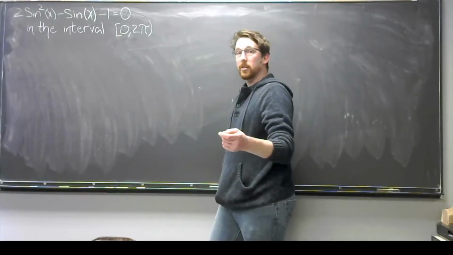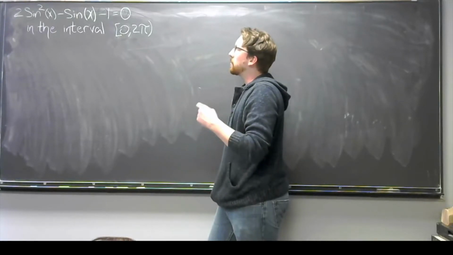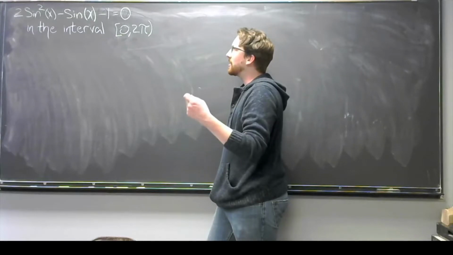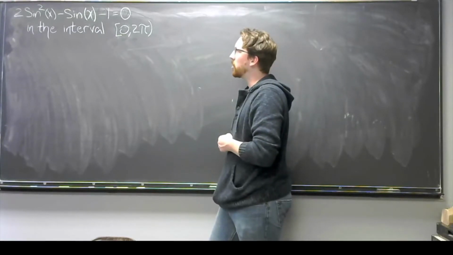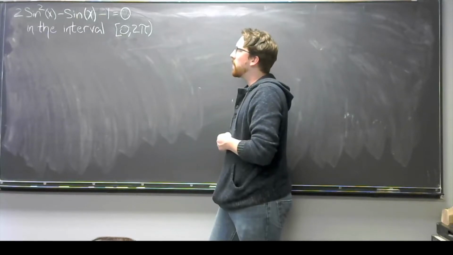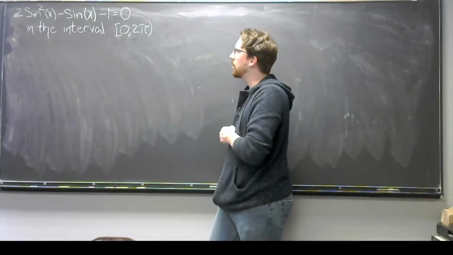The next part is, if you look at what we got, 2 times sine squared minus sine minus 1 is equal to 0. Well, if you get creative with this, you might notice it looks kind of like a quadratic equation, doesn't it?